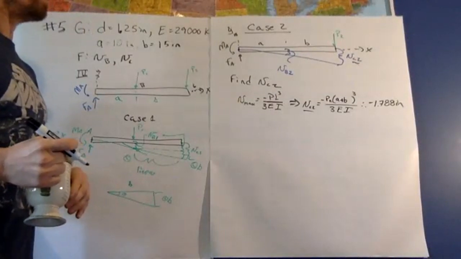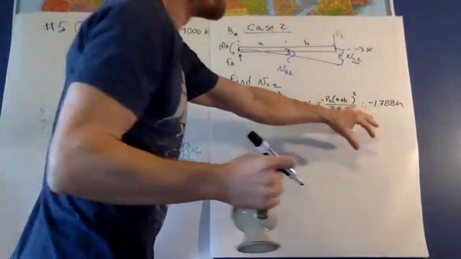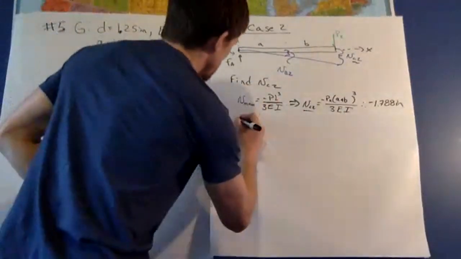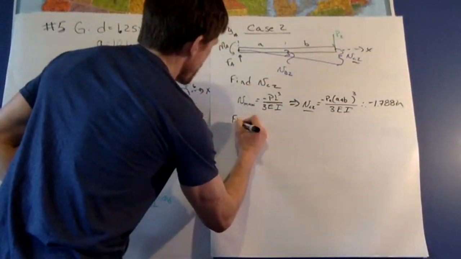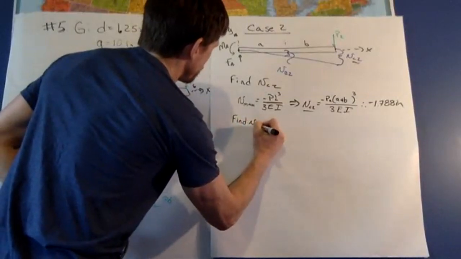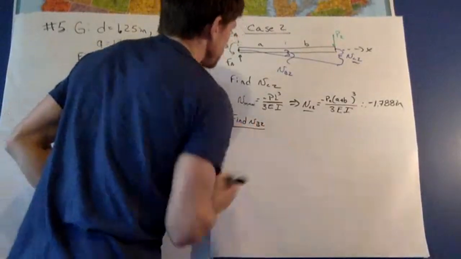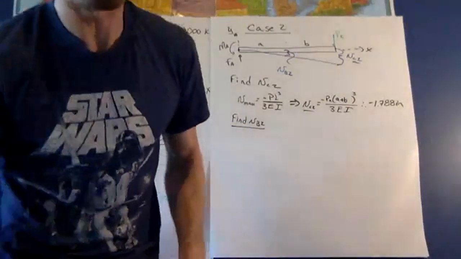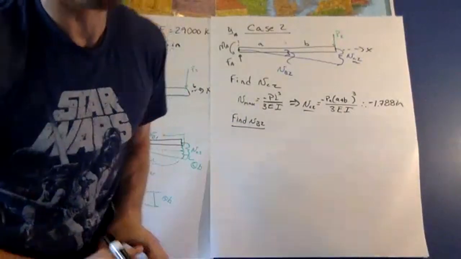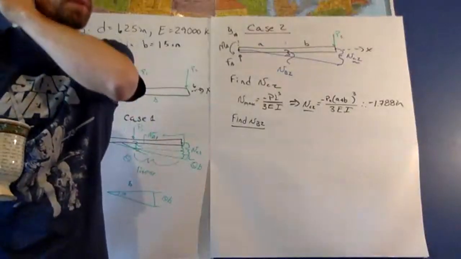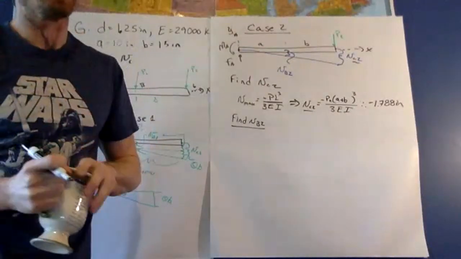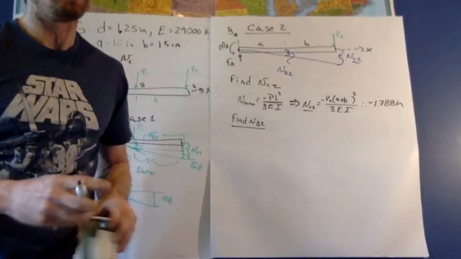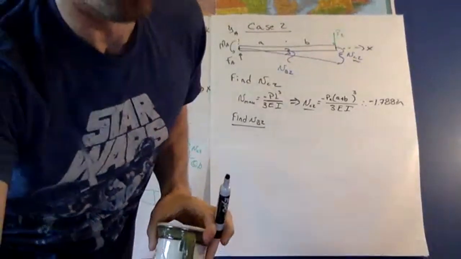Now, since we're done with VC2, we need to find VB2. I'm going to use the deflection, the elastic curve equation. Again, it's the last column in the image right under the problem.